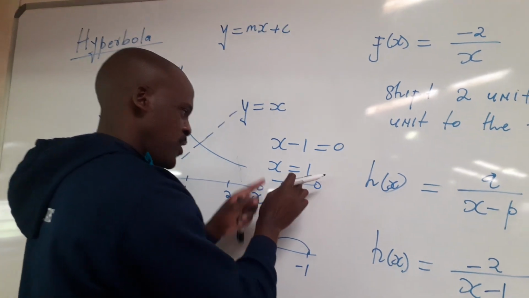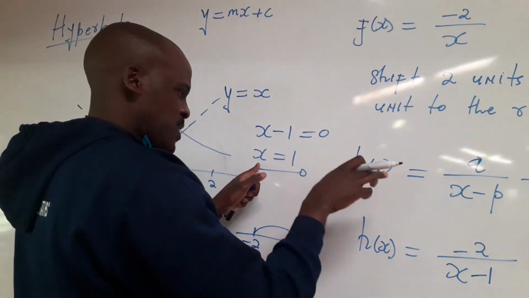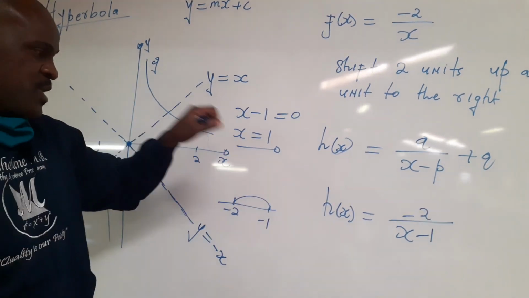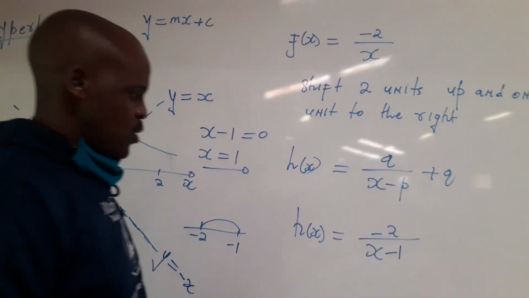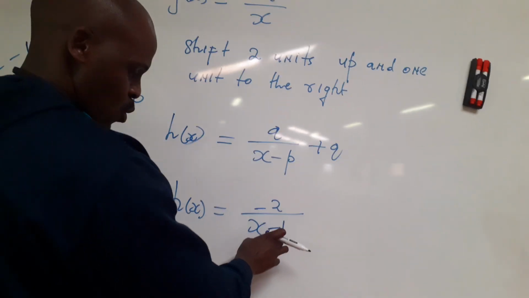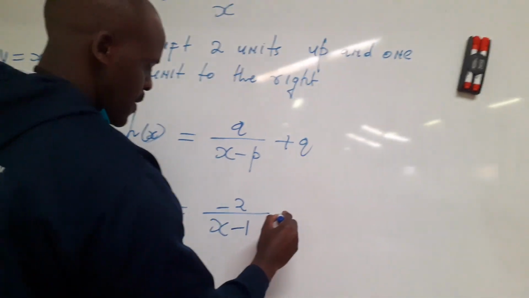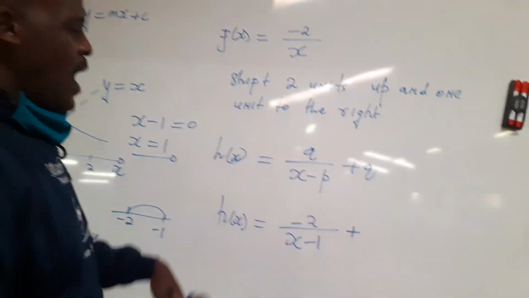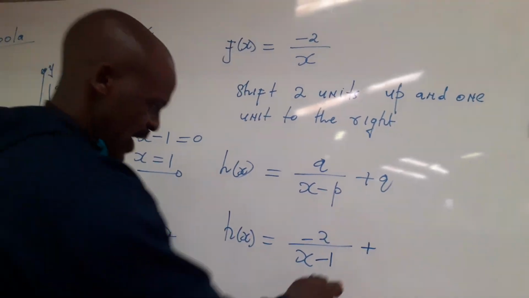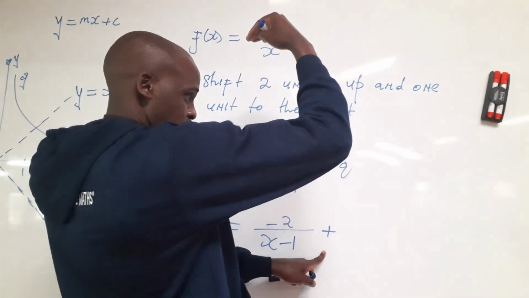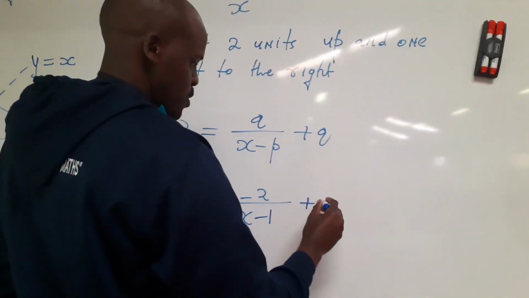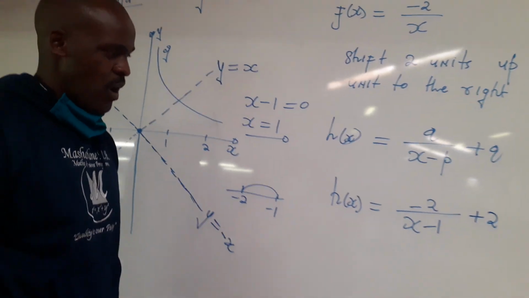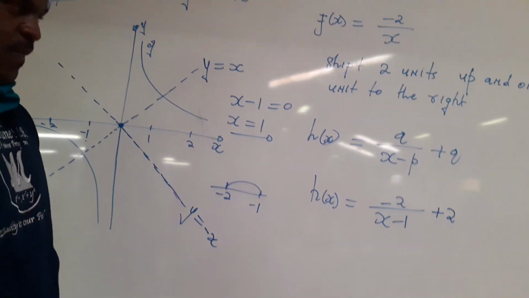We are shifting 1 unit towards the positive values of x. So 1 unit to the right will be x is equal to 1, so it's x minus 1. For 2 units upward we add, because we are going towards the positive values. So it's plus 2. That's how our equation will be looking.